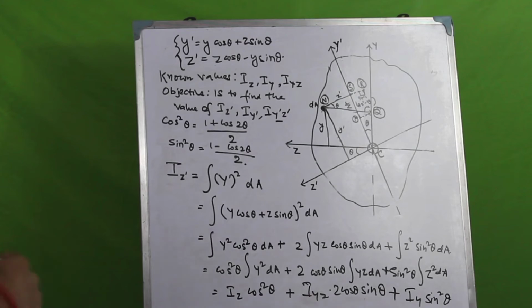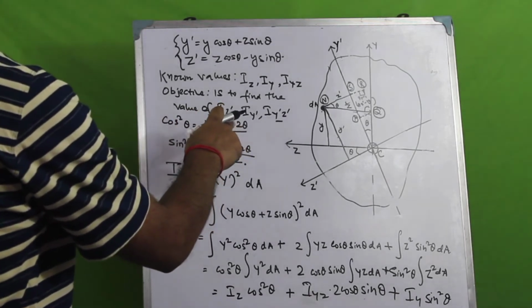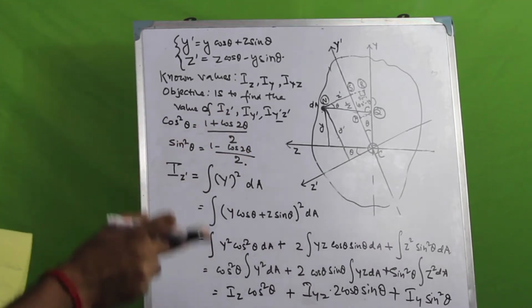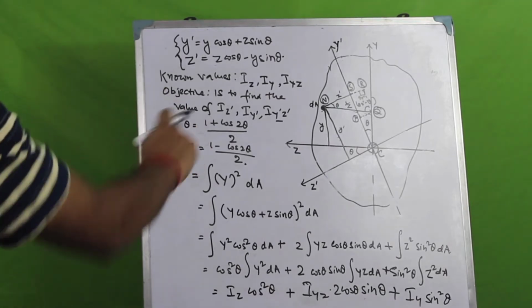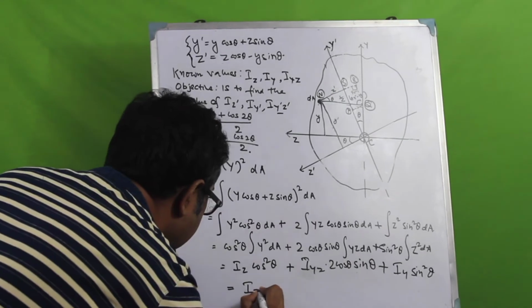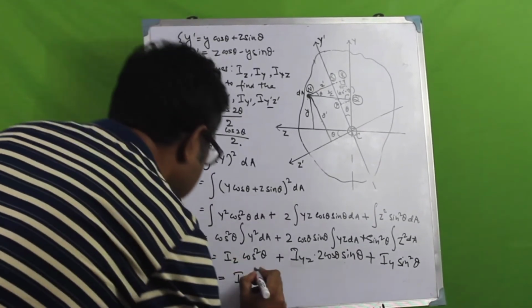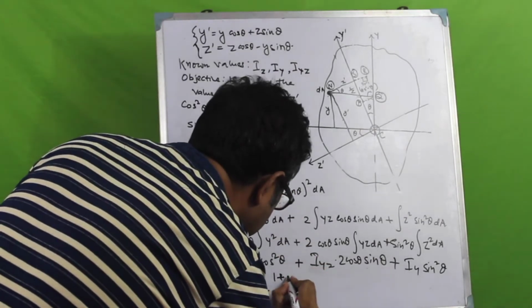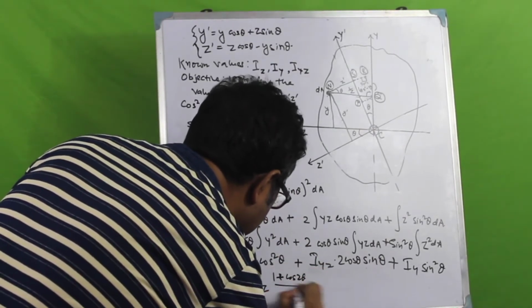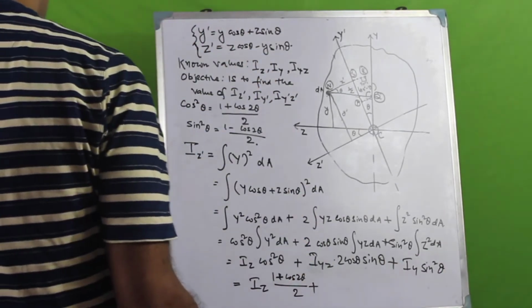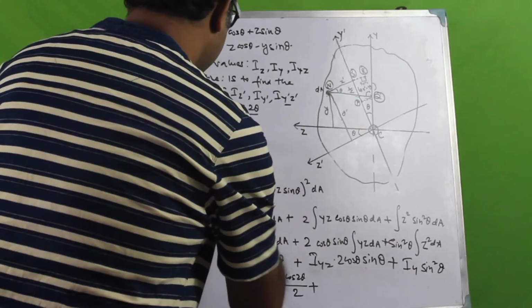So if we go forward, what is cos squared theta? Cos squared theta is 1 plus cos 2 theta by 2, and sin squared theta is 1 minus cos 2 theta by 2.